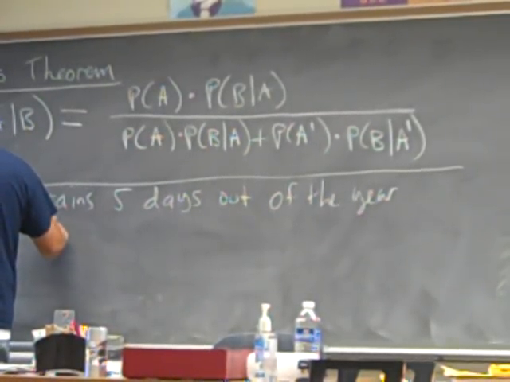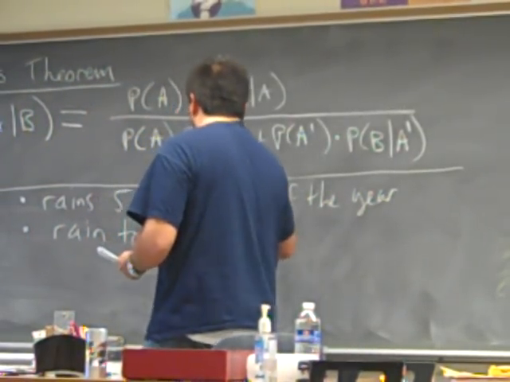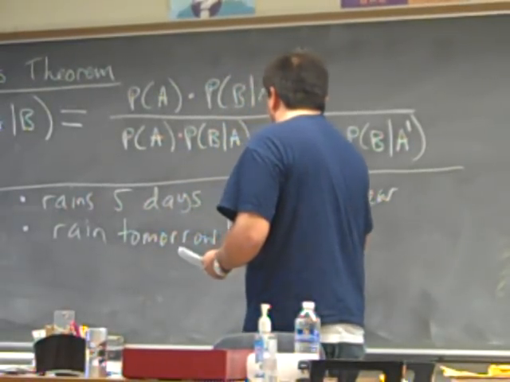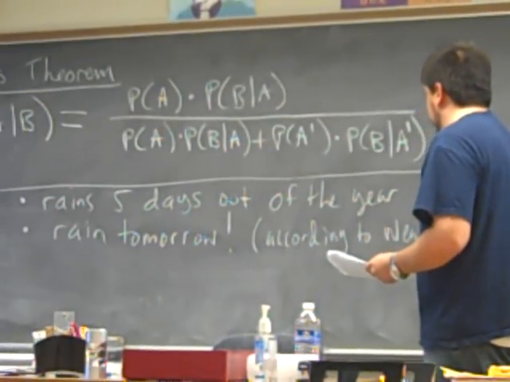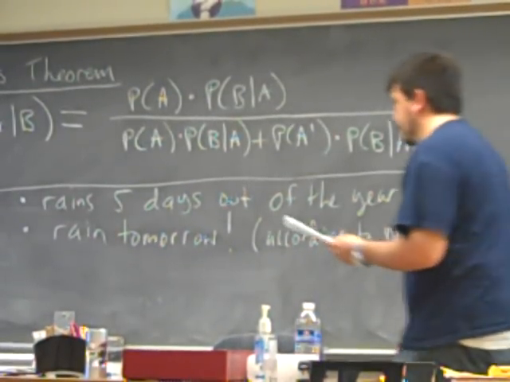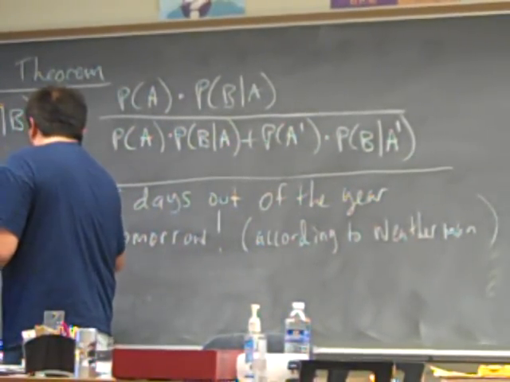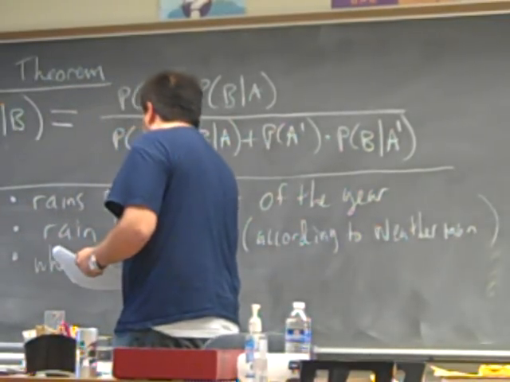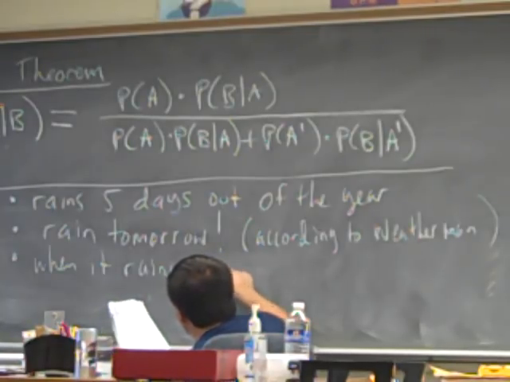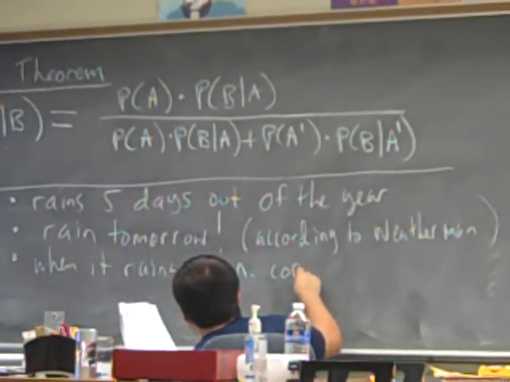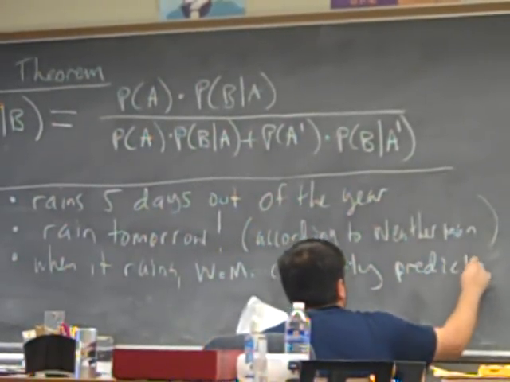Weatherman says, rain tomorrow. This is according to the weather guy. When it rains, the weatherman correctly forecasted or correctly predicted it 90% of the time.